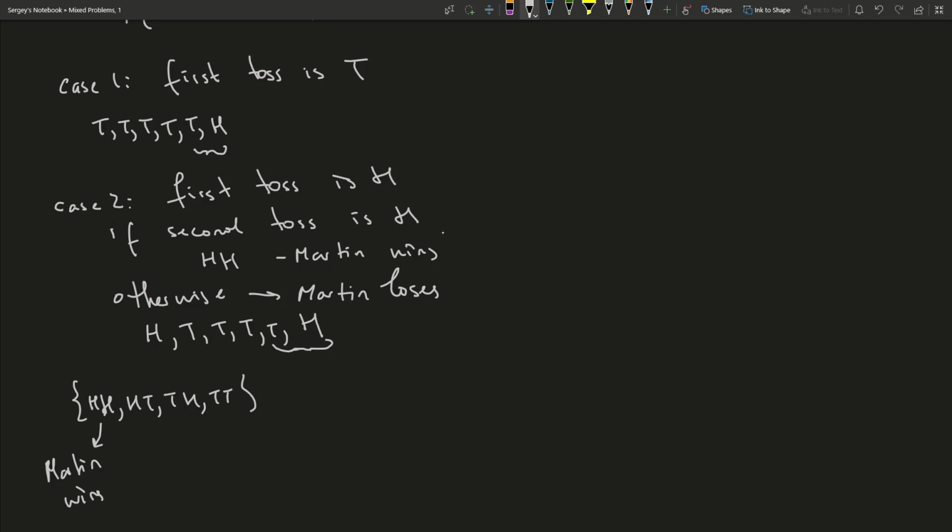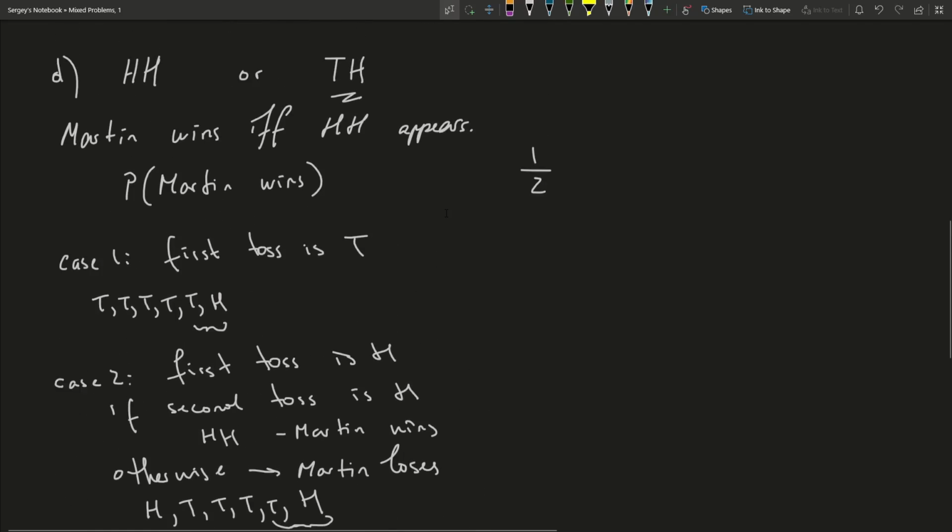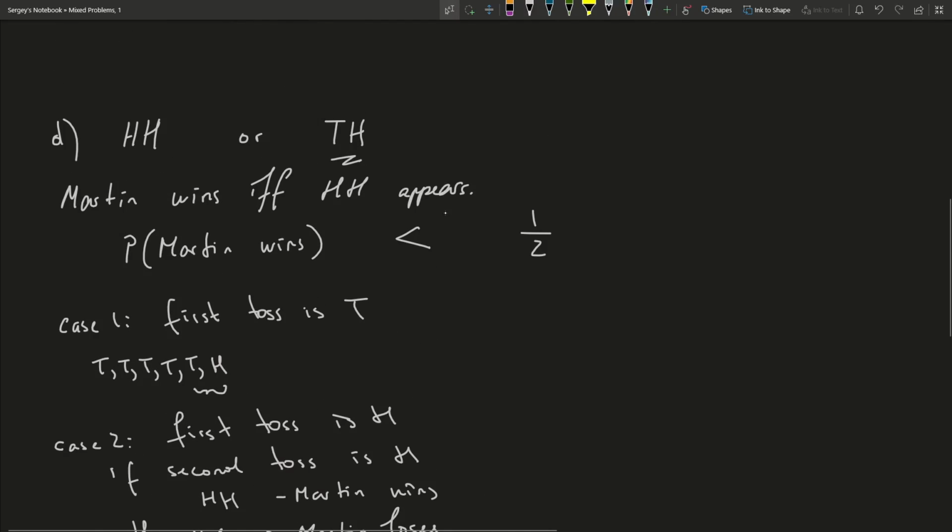In any of the other scenarios we saw, if the first toss is heads and the second toss is tails, or if the first toss is tails, in these three scenarios Martin loses. And since each scenario is equally likely, the probability that Martin wins is 1/4, which is definitely smaller than 1/2.